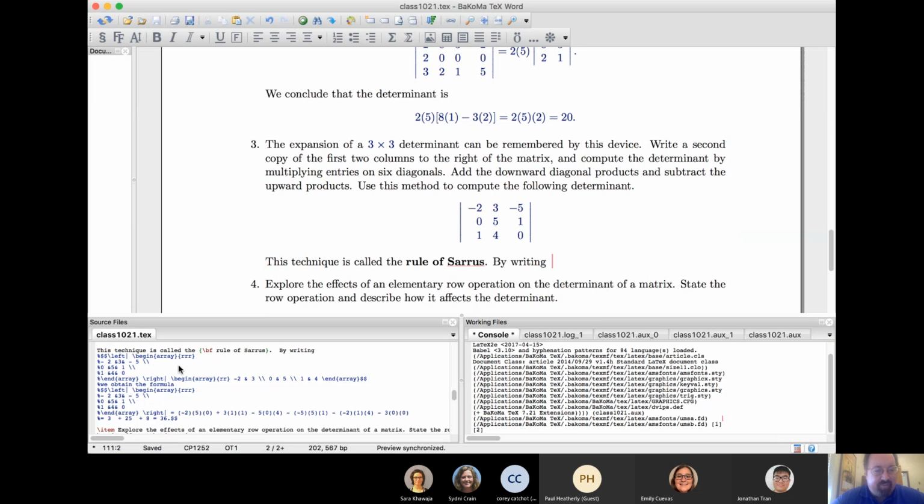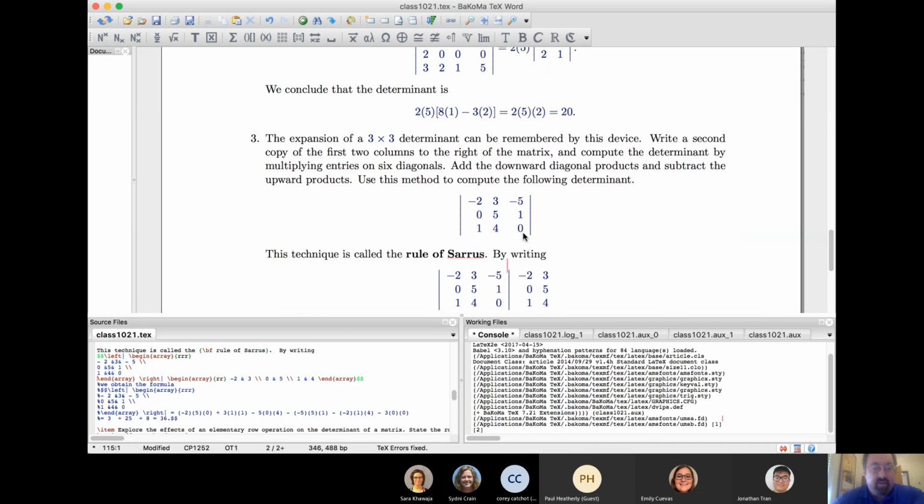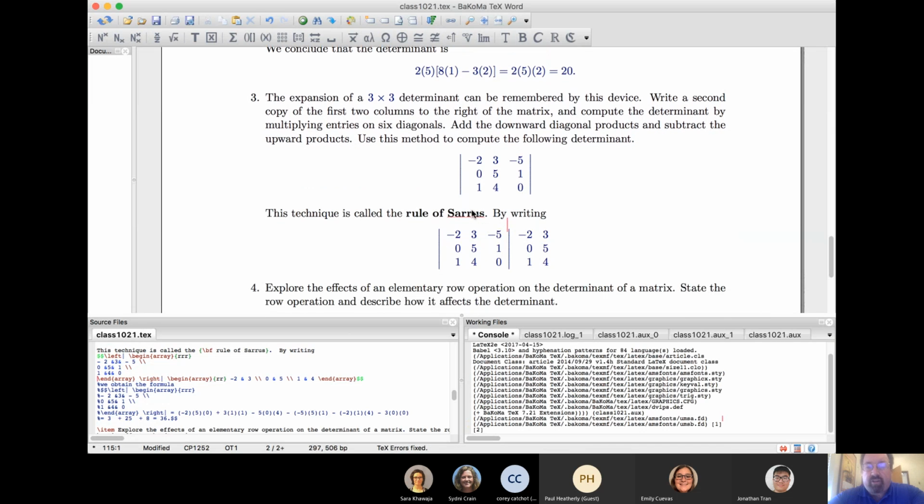But anyway, what you do is you write down the matrix, and then you duplicate. After writing down columns 1, 2, 3, you repeat column 1, then column 2. And be sure to do it in that order. So columns 1, 2, 3, 1, 2.